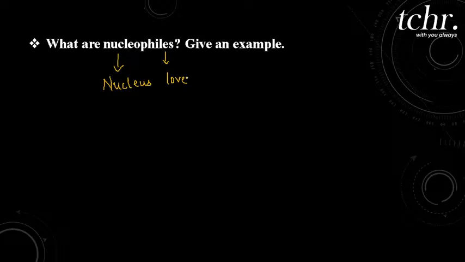So nucleus loving means they are already electron rich species. They love the nucleus, that is, the positive charge. They have more and more electrons on them. Already they have electrons. That means what is the charge on them? Already they have electrons, which means the charge on them will be negative charge.